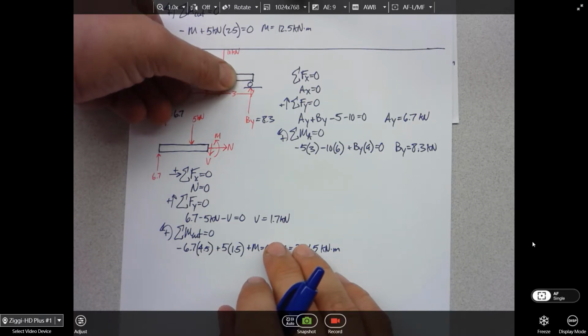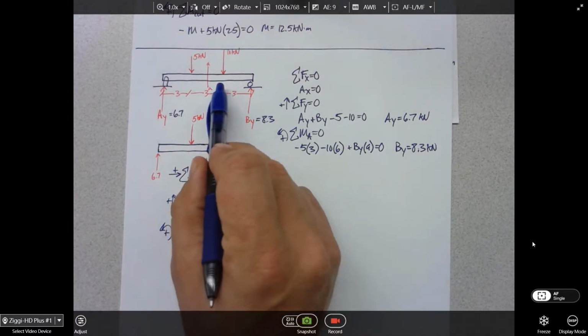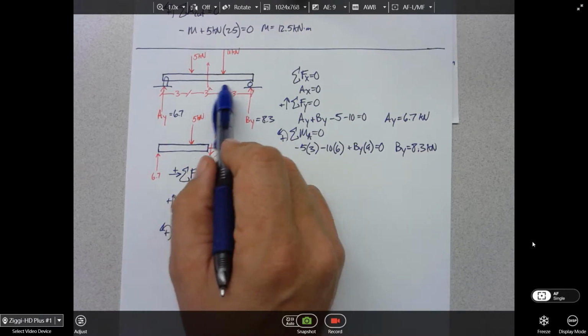What about if I move my thumb over a little bit? Still has to be 8.3. Agreed? Can go all the way up to here and it's going to be 8.3. But if that was a distributed load, then it would be different, right? It would change as I went across there.